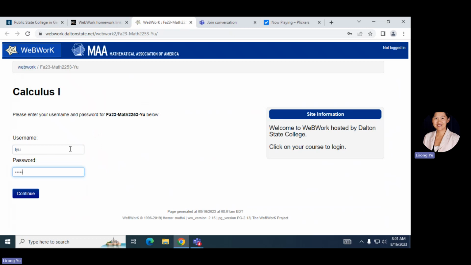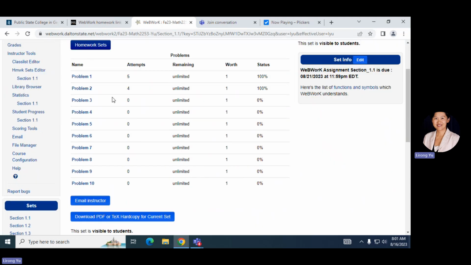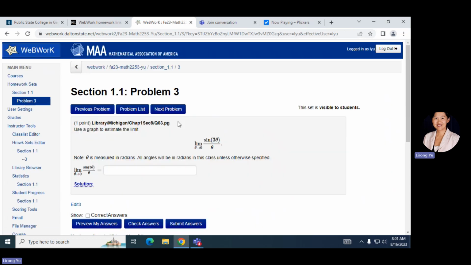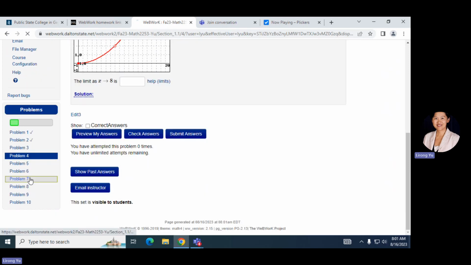Some of them are just from the graph though. Okay, we can try one. The first two we did together. It's mostly the last one, like problem 7. Oh, okay. Sorry, not being very clear.